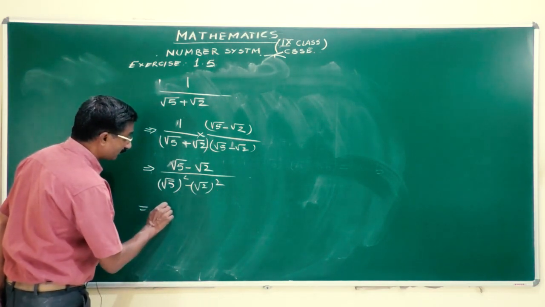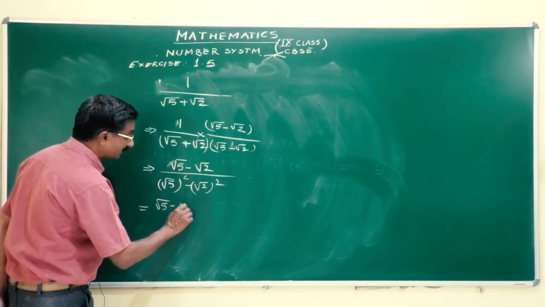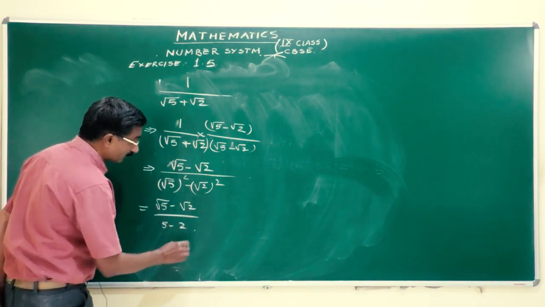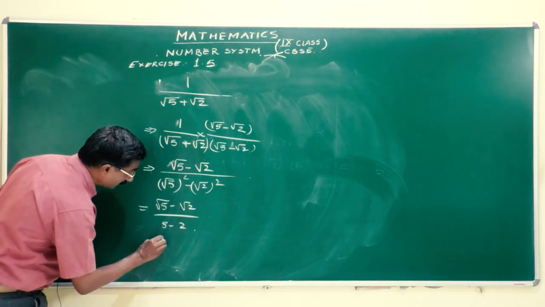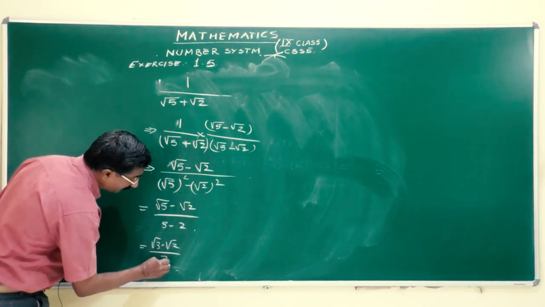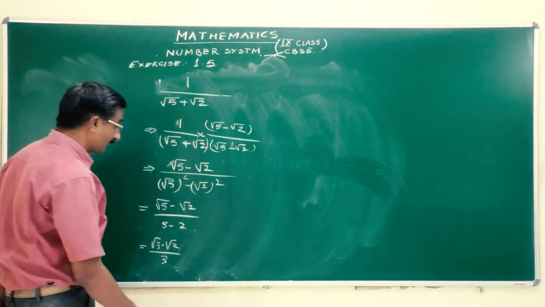So this is equal to under root 5 minus under root 2 upon 5 minus 2. So this is equal to under root 5 minus under root 2 upon 3.